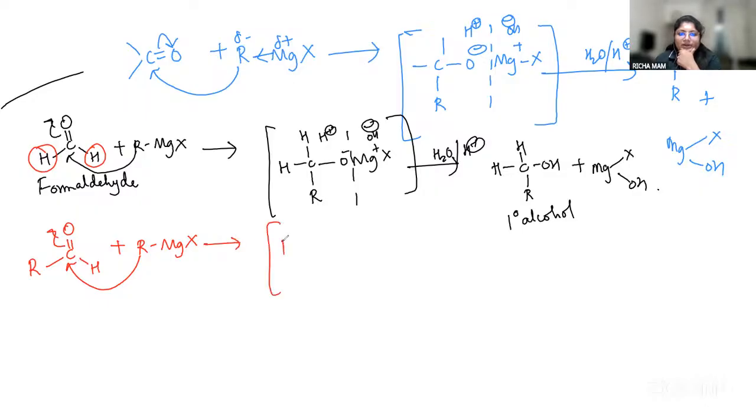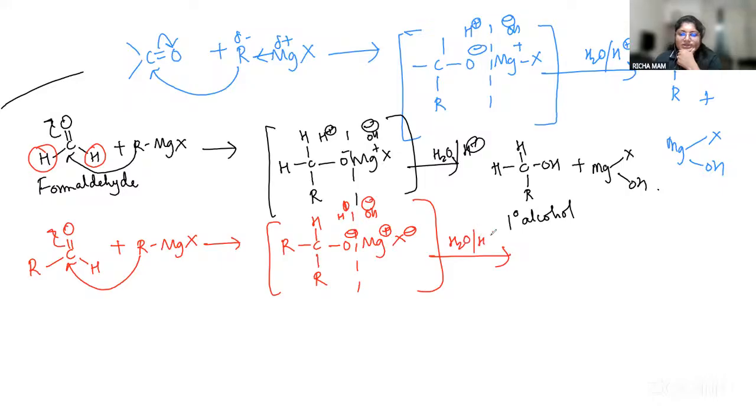I am going to get R, C, H, R, O minus Mg plus X minus. Again, addition of H plus here and OH minus here in the presence of water, that is acid hydrolysis. I'm going to get R-CH-R-OH plus MgOH and X. With two R groups, this is a secondary alcohol.